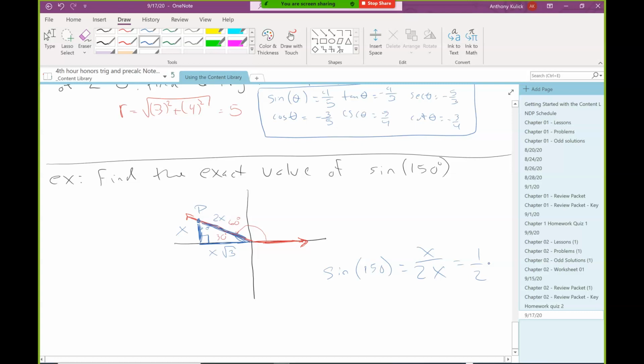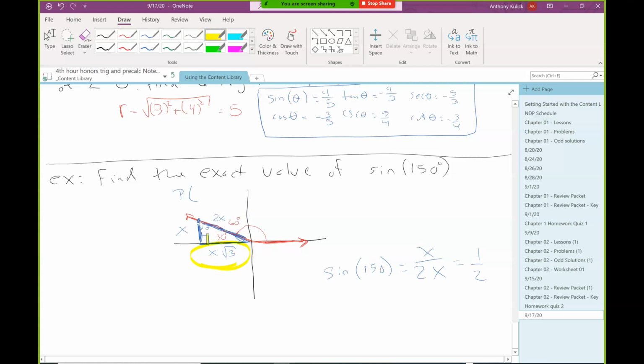Now I've done something that's not quite right when I drew in these coordinates. Remember, these side lengths to my right triangle don't represent side lengths here. They have to represent the coordinates of our point P, right? So notice where we're at. We're in the second quadrant.